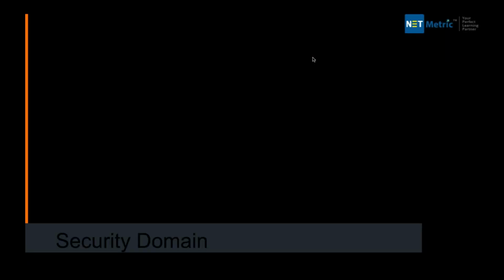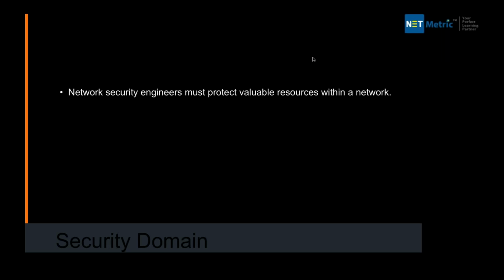So what is a security domain? Before starting the firewall, we should know what a security domain is. To start with, what does a network security engineer do? Network security engineers must protect the valuable resources within a particular network. That's the main agenda of a network security engineer in a company.